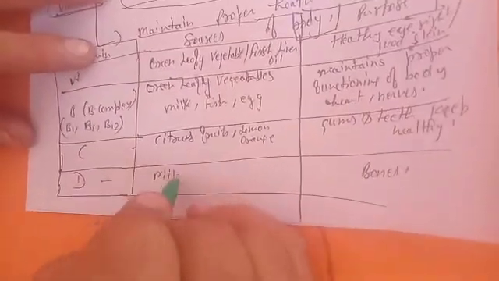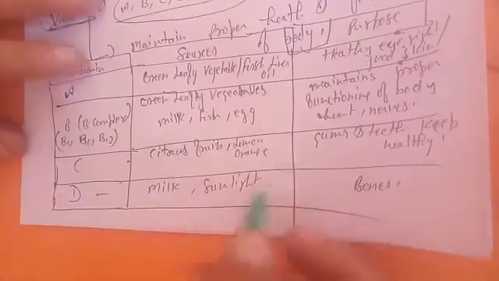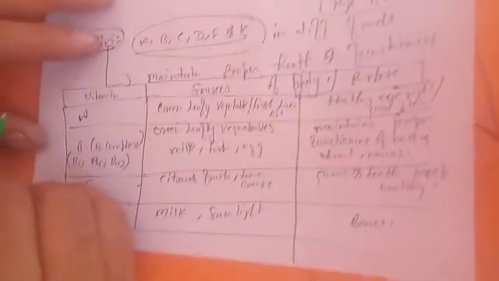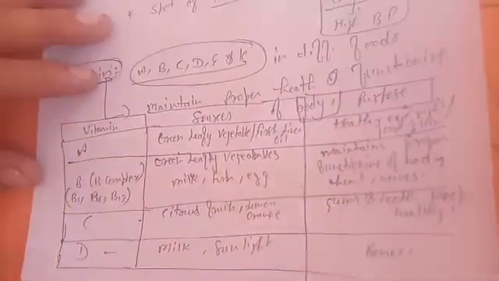You can take it from milk and sunlight. So these are some vitamins, the sources from where you get them, and the functions they do in the body.